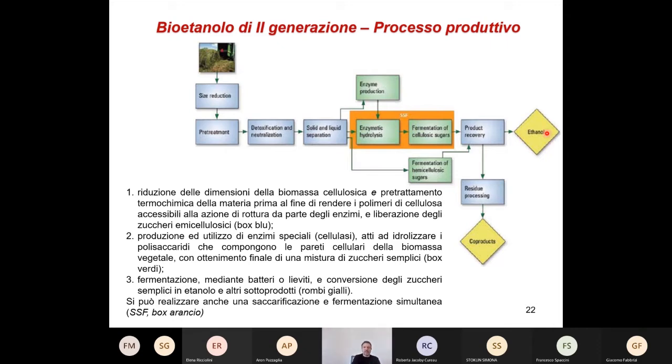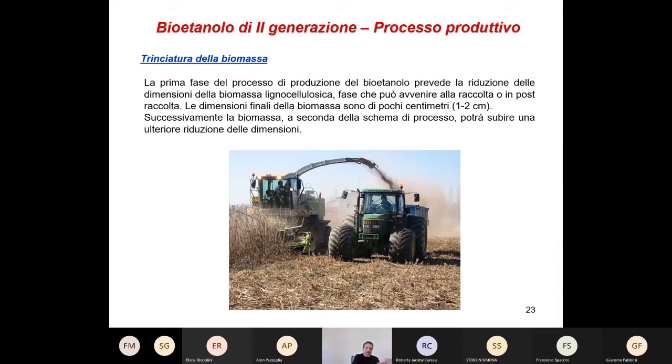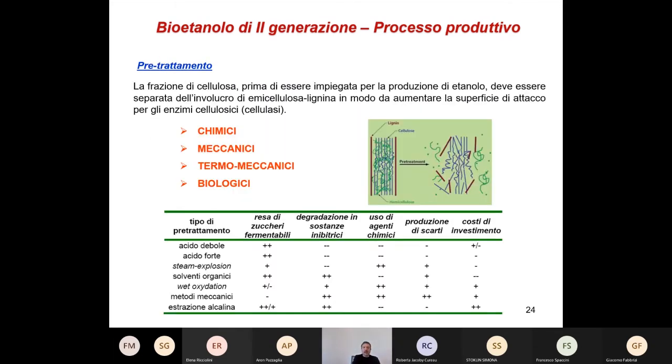Okay, I won't spend time on the collection of biomass, but just a minute to show you the pretreatment process. It's a very useful picture I used to understand the process. So this is the biomass still not pretreated.